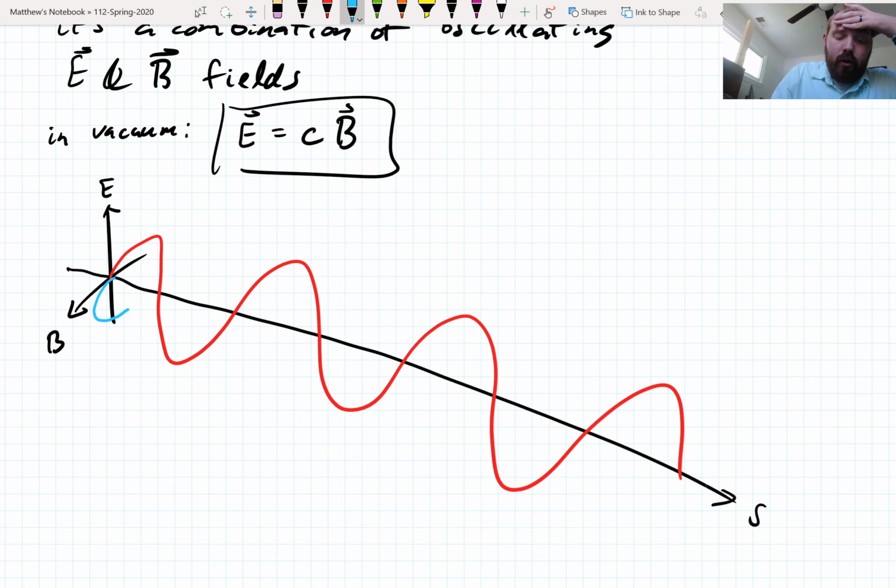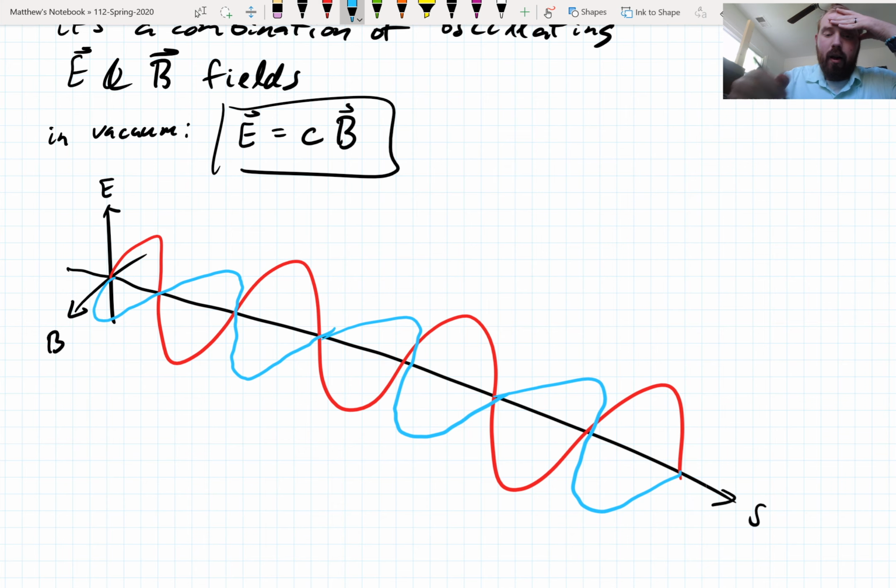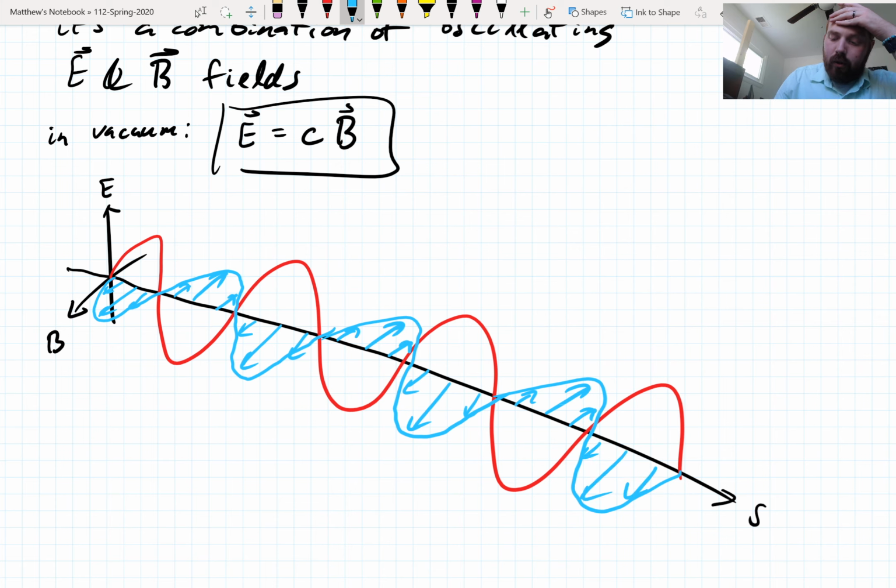So you're going to get this magnetic field that's oscillating like this, back and forth, forever and ever. You think of little vectors to represent the field as you're propagating at any slice of time. This is what magnetic fields are doing. And your electric fields are similar, but rotated 90 degrees.